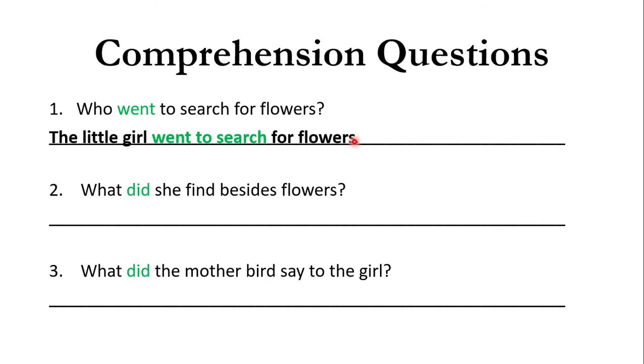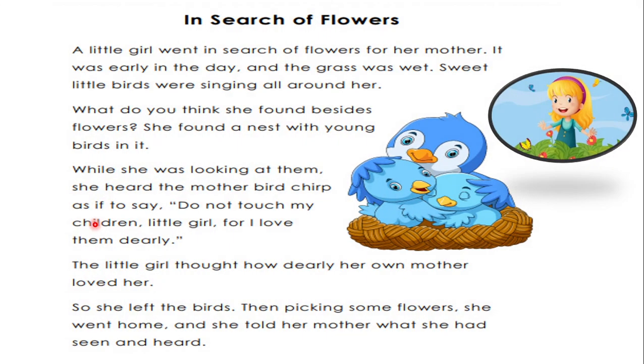The second question, what did she find besides flowers? So did is in the past. My answer should also be in the past. Let's see the answer here. What did she find beside flowers? Let's look for the answer. What do you think she found besides flowers?